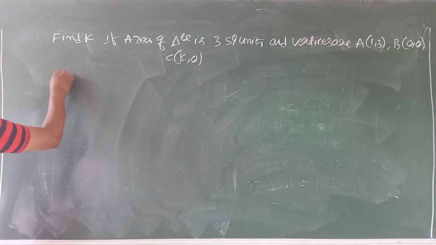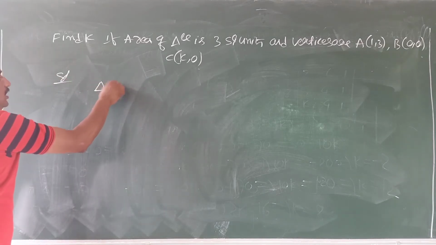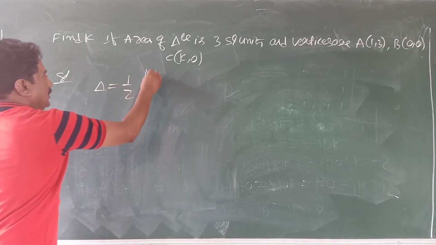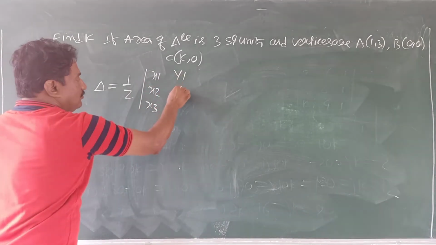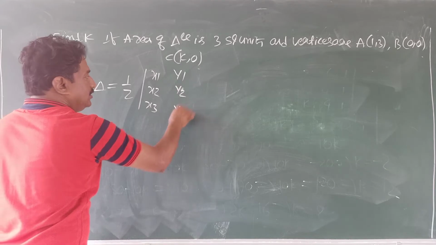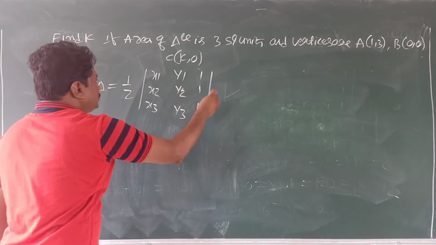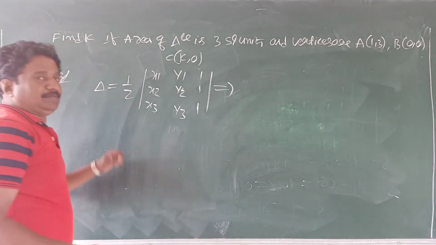Okay, solution. Directly write delta is equal to half into the determinant with rows x1, x2, x3; y1, y2, y3; 1, 1, 1. Substitute the given area of the triangle, delta.